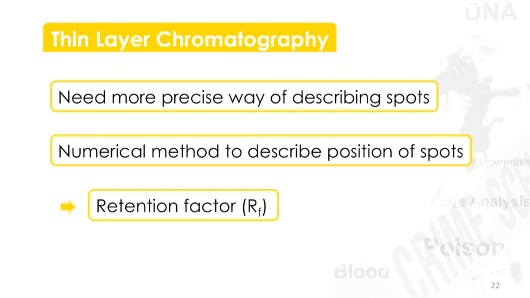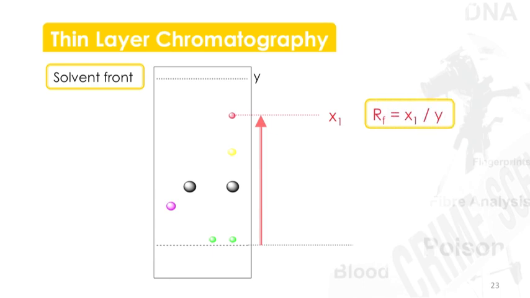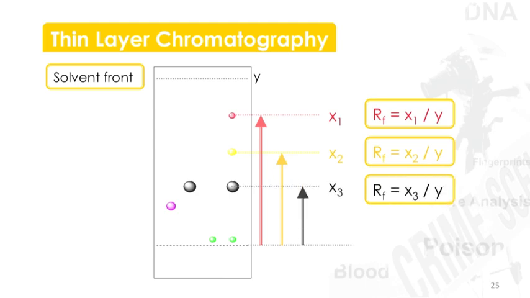You measure the distance moved by the solvent on the TLC plate, we'll call that Y, and you measure the distance moved by the spot, and we measure to the center of the spot, and we call this distance X. Then the RF of that particular compound is defined as X divided by Y. So there's TLC, a very simple, very easy to do technique, but not quite accurate enough for our purposes.